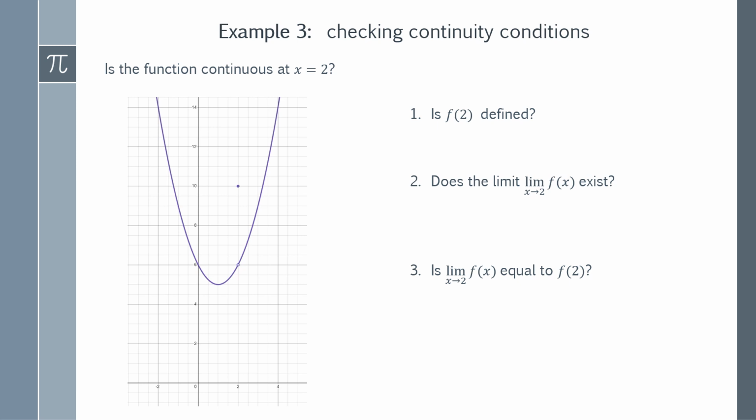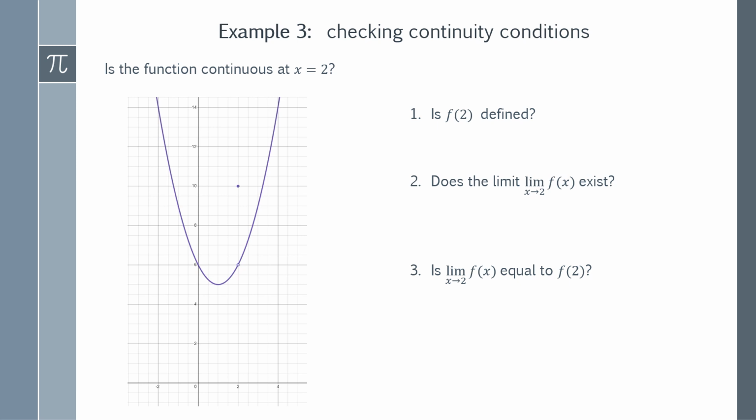Let's take a look at the next example where we're still checking continuity conditions. So here we just have a graph of our function f, and we would like to know if it's continuous at x is equal to 2. Well, let's go through the list. First, is f of 2 defined?